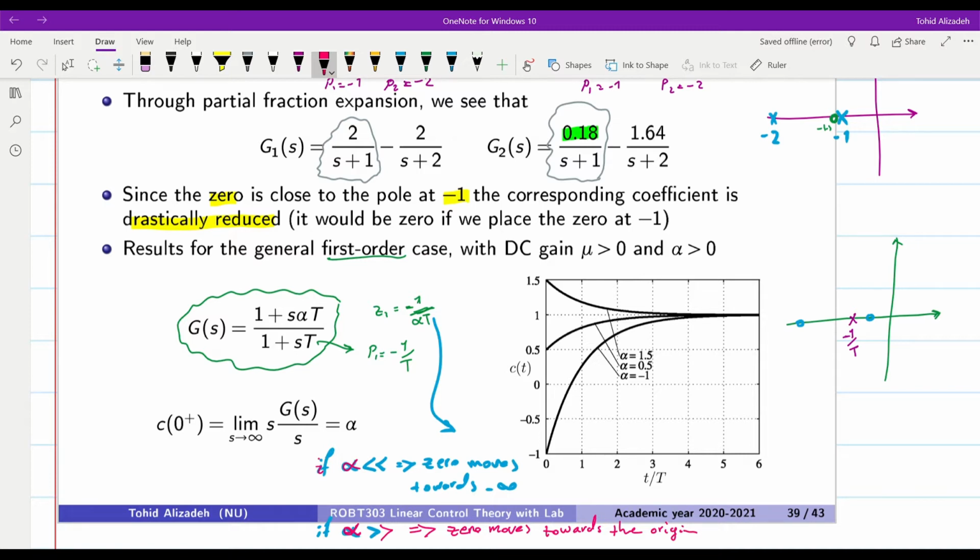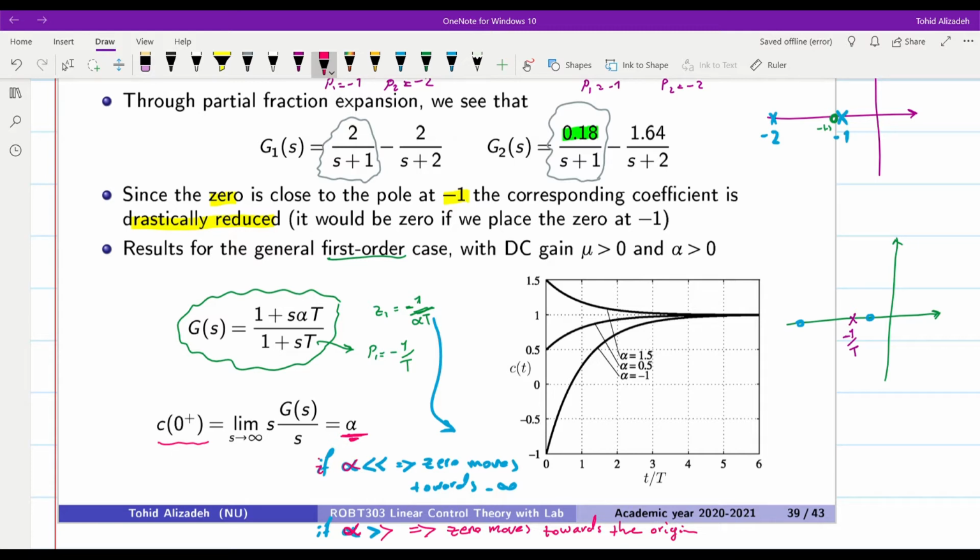Then for the step response of the system, you can see that the initial value for the response c at 0 plus will be equal to alpha. So this alpha will determine from where the step response begins.